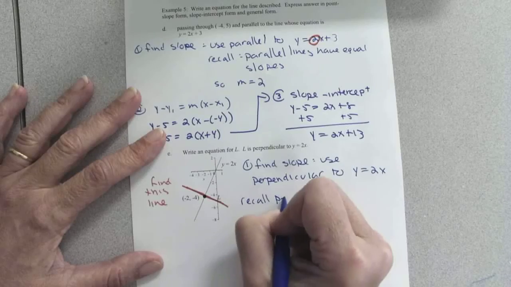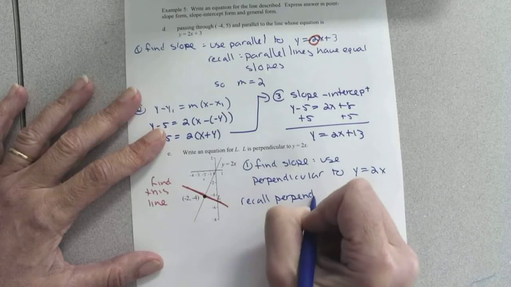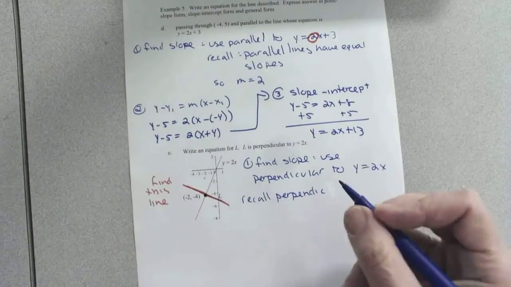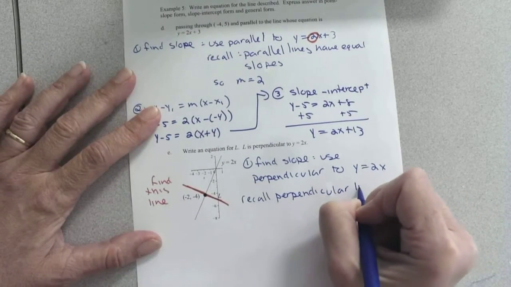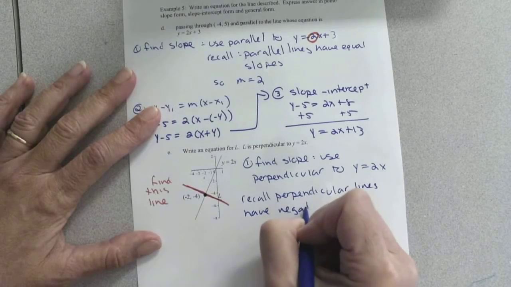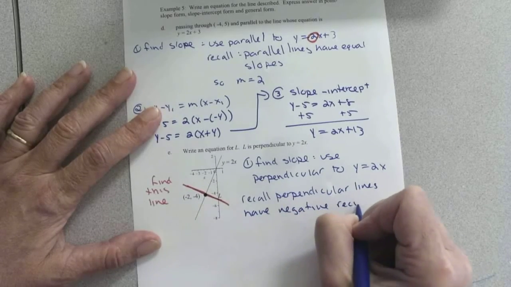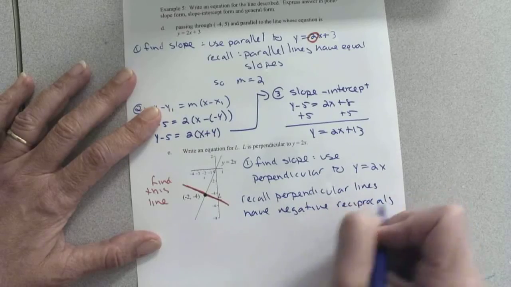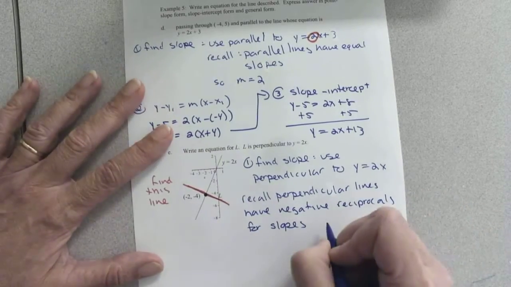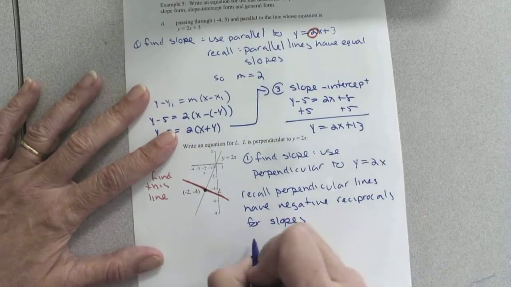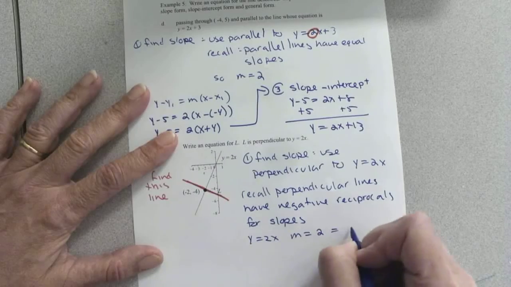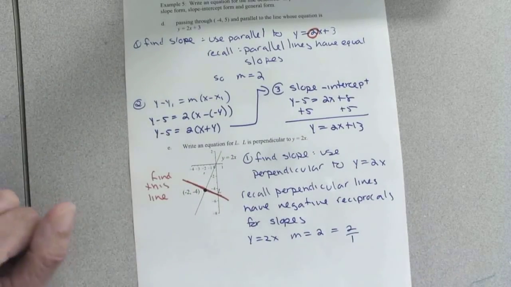Recall, perpendicular lines have negative reciprocals for slopes. So one slope, y equals 2x, m is 2, 2 over 1.